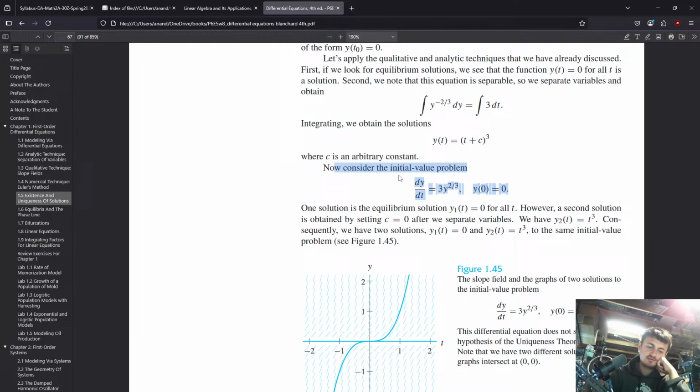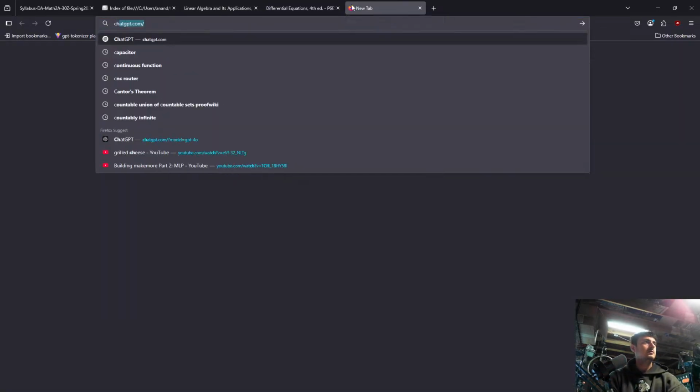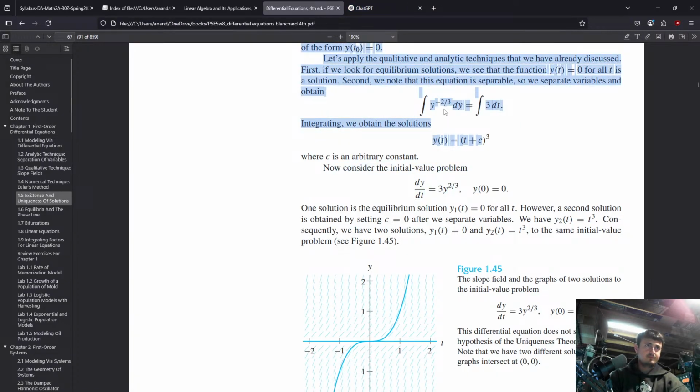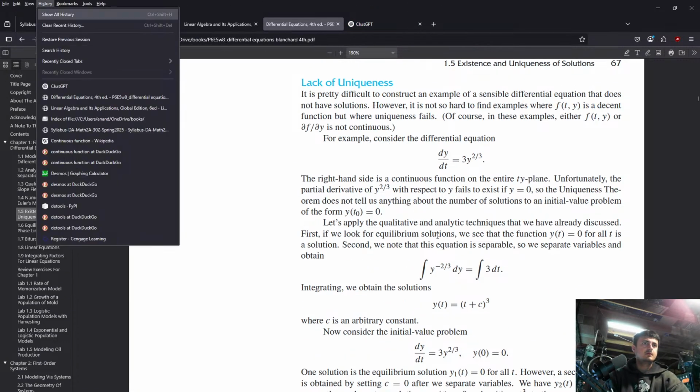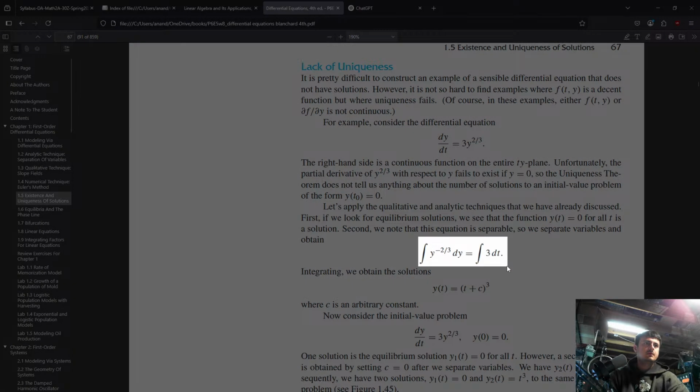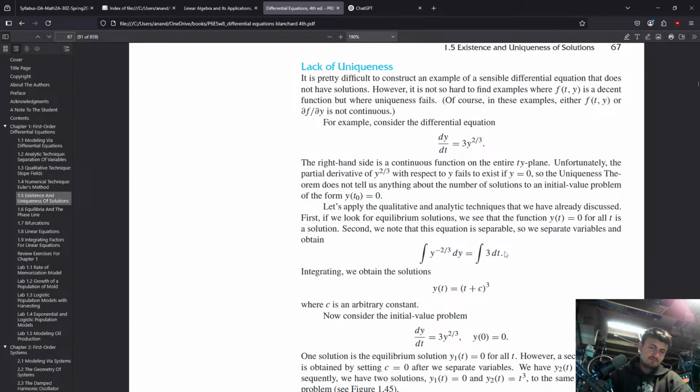I'm just integrating it. Okay, so then you multiply by 3, and then you cube it. So y is equal to, and this is going to be 3t. Wait, did I do this wrong?